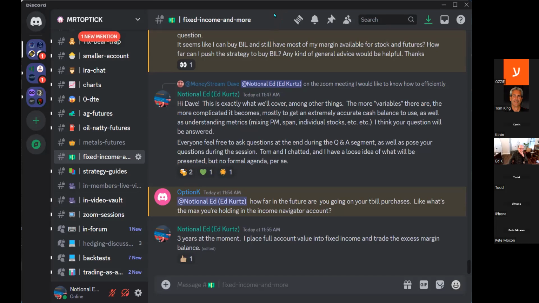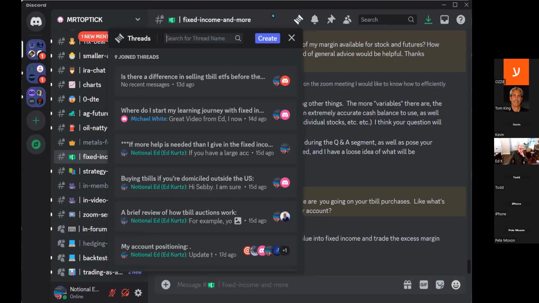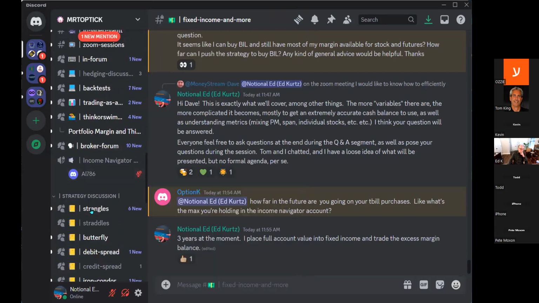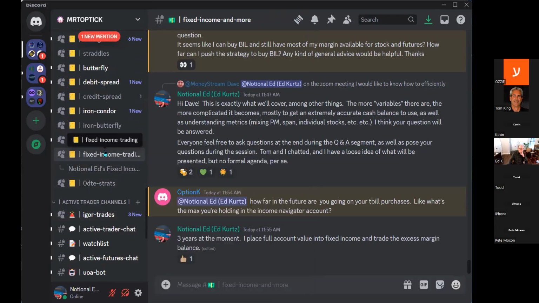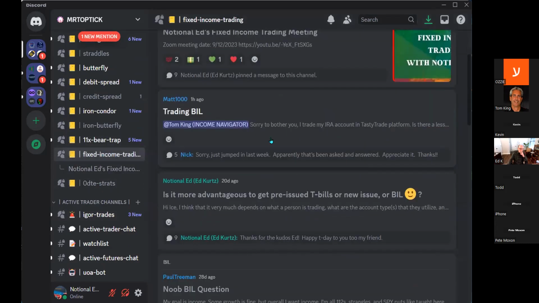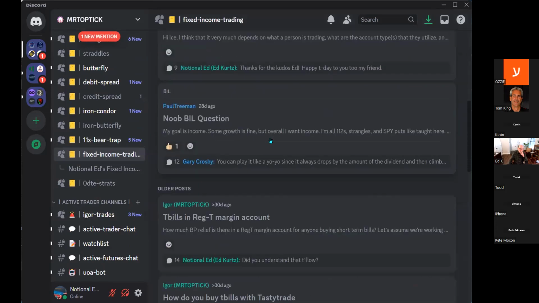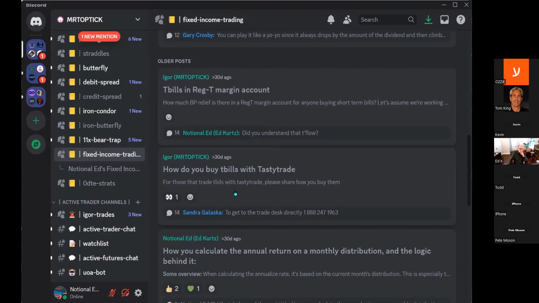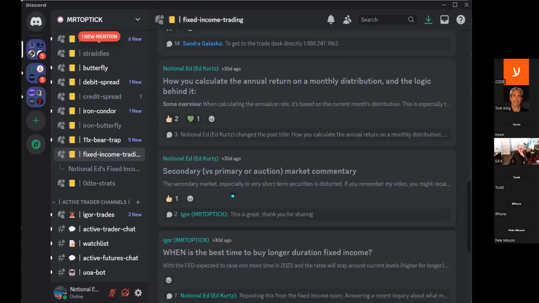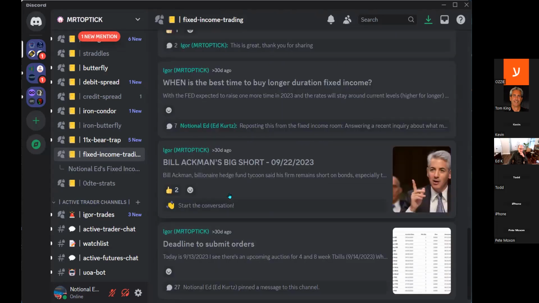So let's talk briefly about IRAs. How does this change, Ed, if we're going to do this in an IRA versus a trading account? Yeah, great question. IRAs are cash accounts.